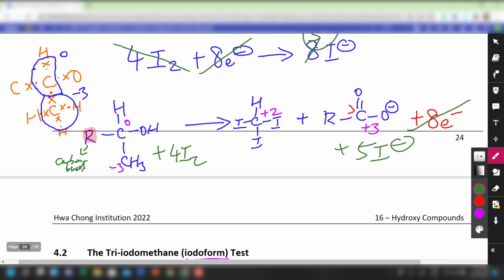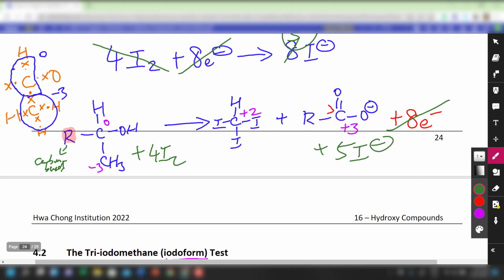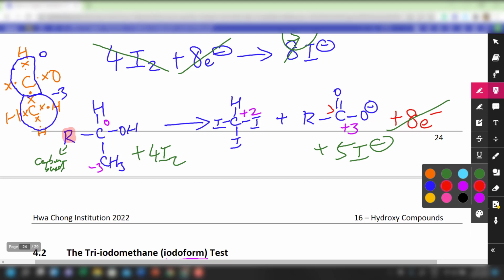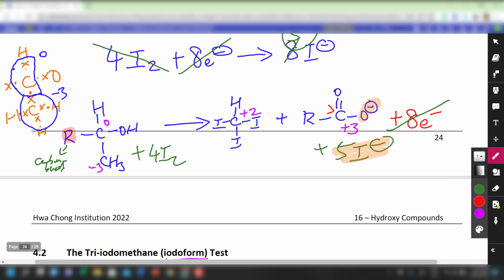Okay, so the final thing you need to do is to balance the charge. If you look at the total charge on the left hand side, it's 0. The total charge on the right hand side, if you do a quick calculation, is -1 minus 5, so it's -6. So therefore, I need to add 6OH minus on the left.